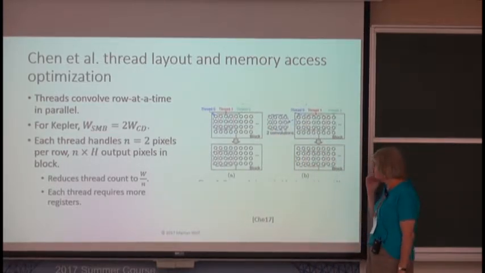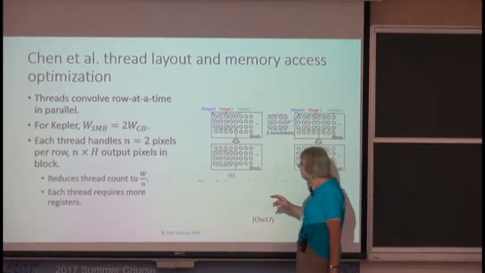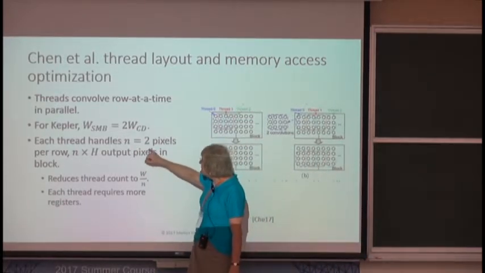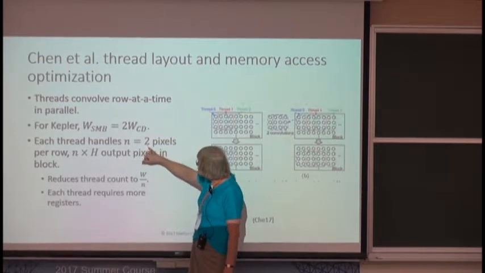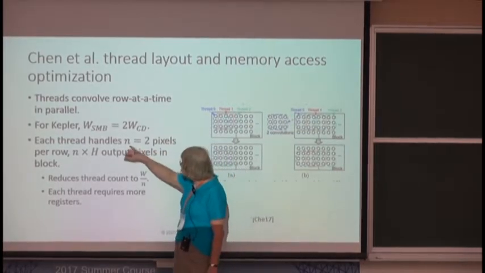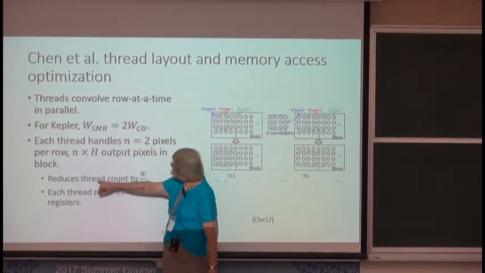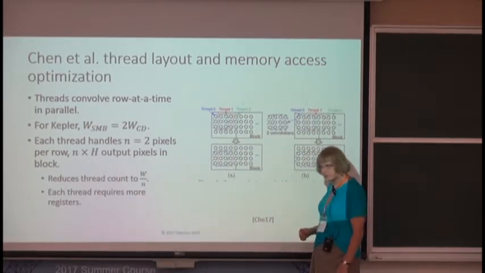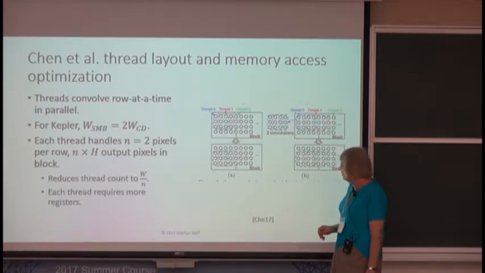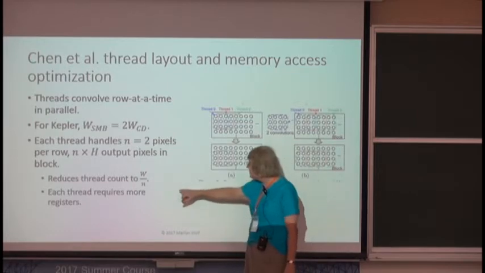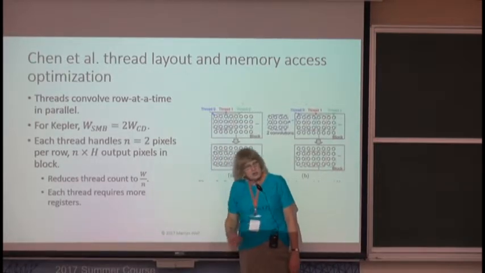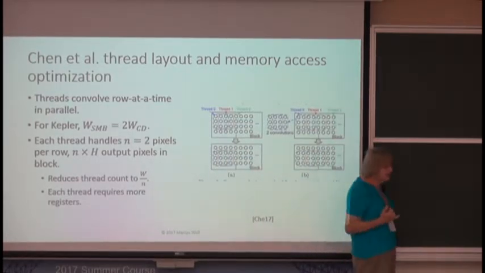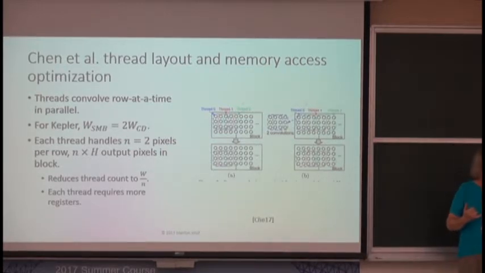Okay, so because of the structure of the Kepler, we want to have each thread handle 2 pixels per row, where n equals 2, and then we output n times h pixels in a block. Okay? So now we've reduced the number of threads, but we've increased the number of registers that each thread needs. Okay? That's the trade-off that they think makes sense.